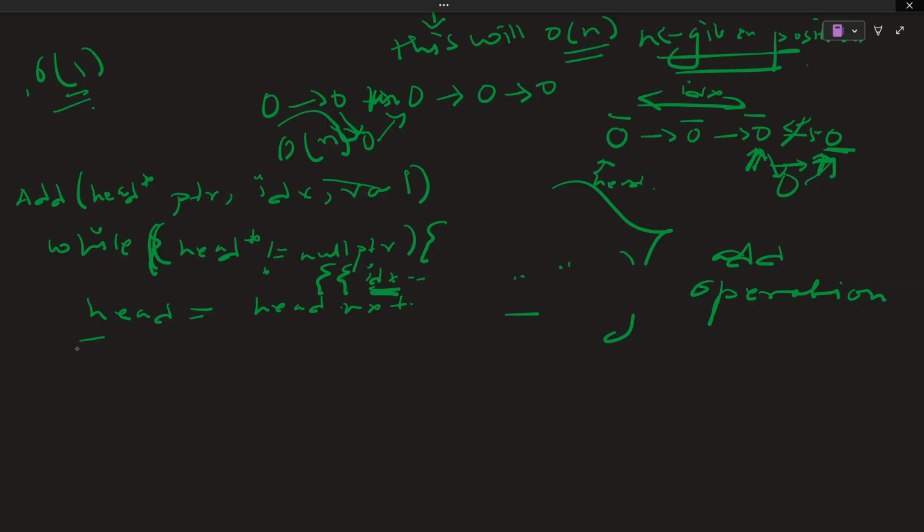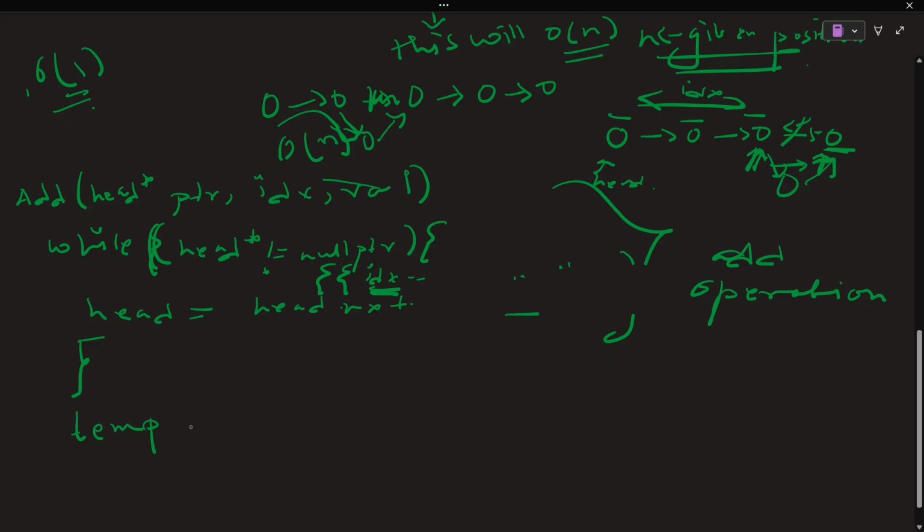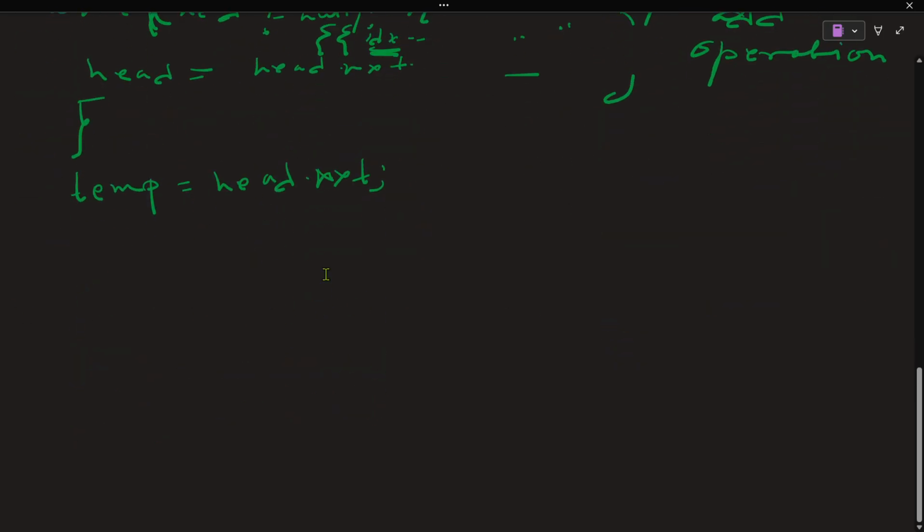Once the loop is done, we create a temp variable which stores the pointer to head dot next. After that, we take head dot next and give it the new node, which we create with the value and this given temp.